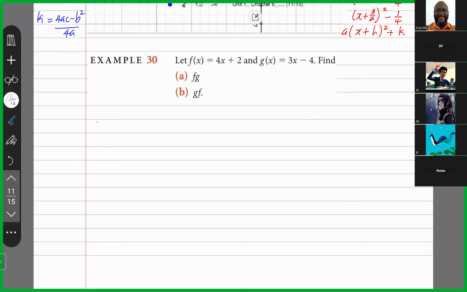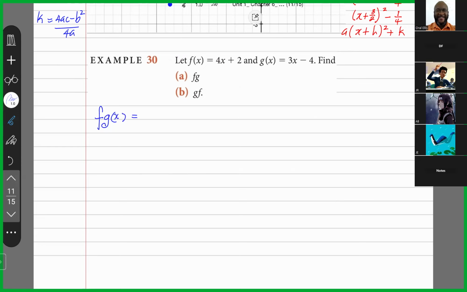Now f of g of x is a function in which the range of g is the domain of f.